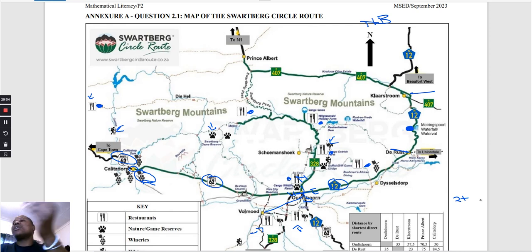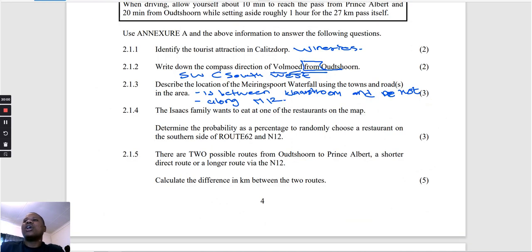So when we add 6 plus 2, the total number of restaurants here is 8. But how many of them are on the south of road 62 and N12? Only 2 out of 8. But they want your probability as a percentage. Therefore, we multiply by 100, which is 2 over 8 multiplied by 100. That gives us 25%.